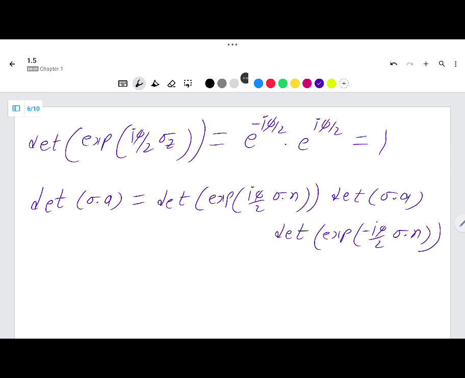The determinant of sigma dot a is 1, so sigma dot a prime, let's say. So nothing changes. We prove this.